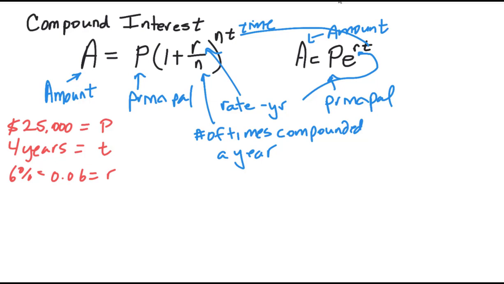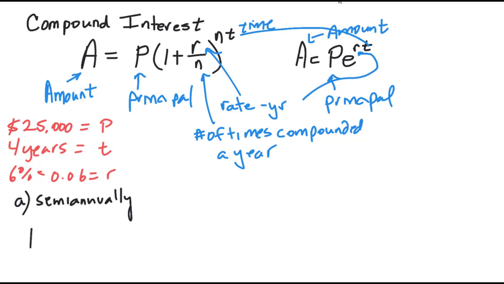And then they ask you to work this problem a couple of different ways. They say to first do it where you are using compounded semi-annually. So I'm going to write that one out, and then I will just tell you how to do the other ones.